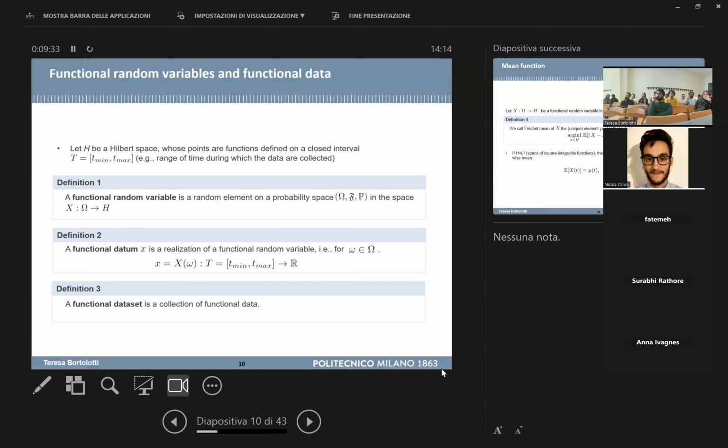Here I will talk always about functional data with one-dimensional domain. Every methodology can be extended to two-dimensional, three-dimensional, n-dimensional domains. Then if omega is a space of events, F is a sigma algebra, and P is a probability measure, and omega, F, P is a probability space, X is a functional random variable on this probability space. The functional datum is a realization of a functional random variable, and the functional data set is a collection of functional data.